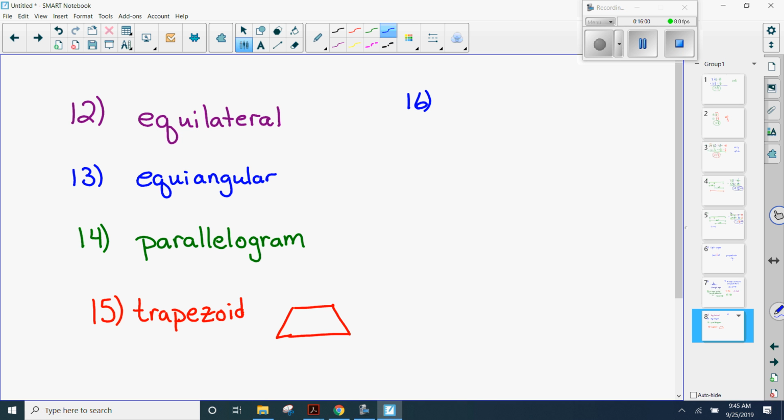Rectangle is going to be a combination of two of these right here. It's a combination of two words from 12 to 14, not 12 and 13.